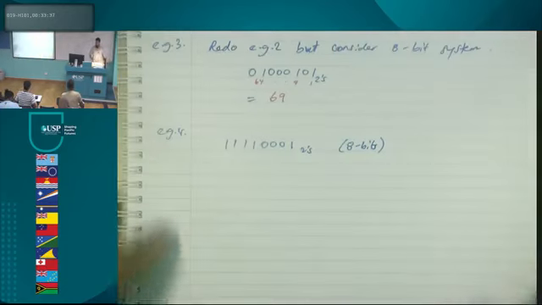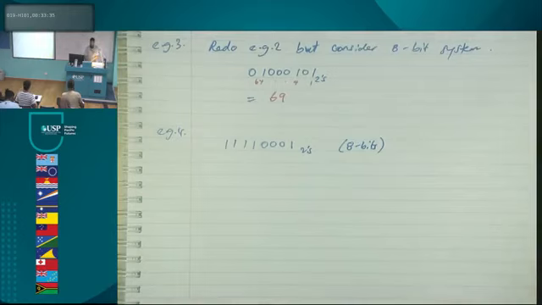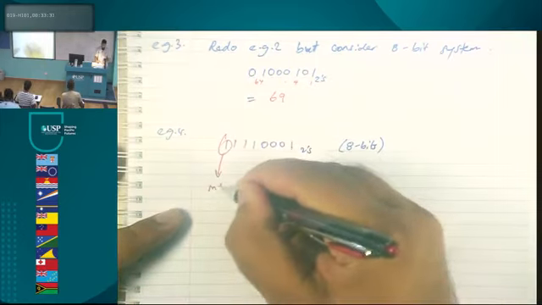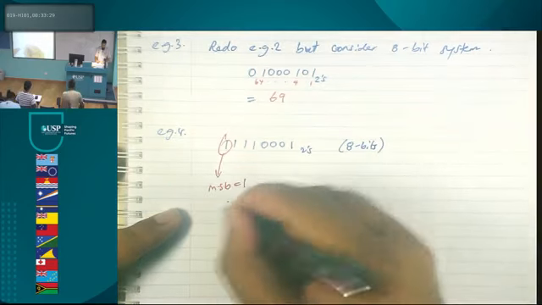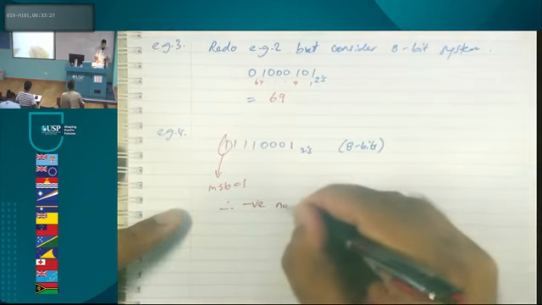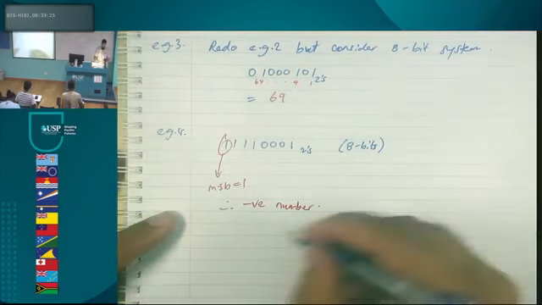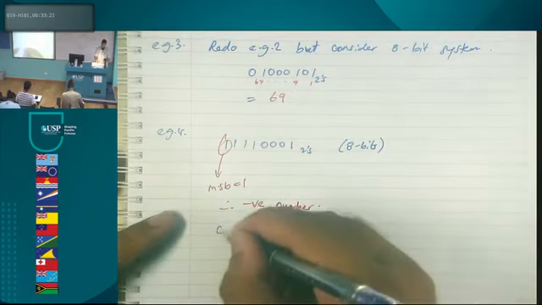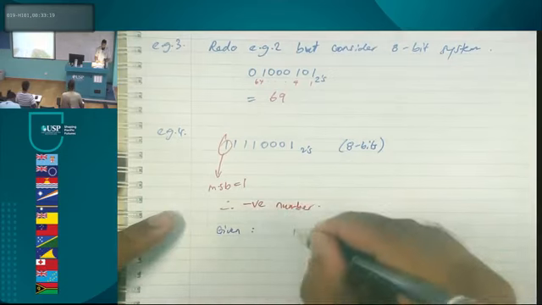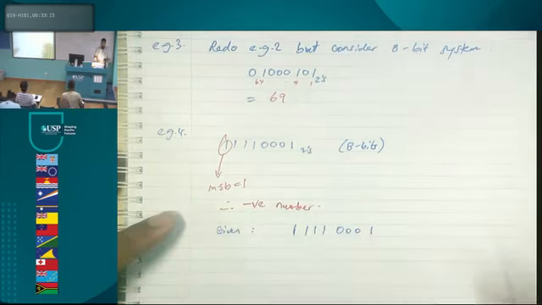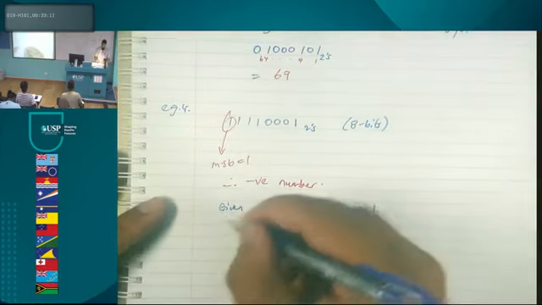Firstly, what do we notice, guys? We notice that the most significant bit is 1. Therefore, this is a negative number. So, the steps. We take our given bit pattern, which is 1111 0001, and remember, it's 8 bits.